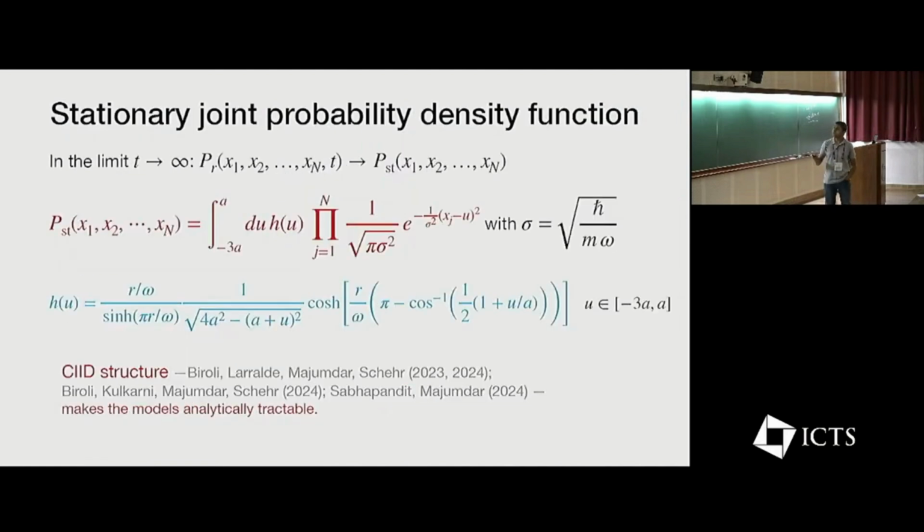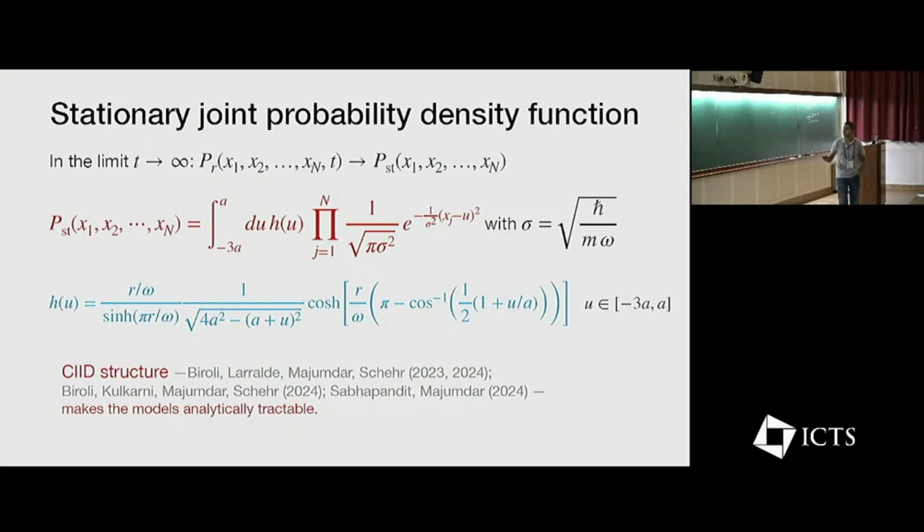This probability density, in the limit of time t going to infinity, reaches the stationary state, which has a very interesting but very simple structure. It has a product structure, a simple Gaussian product structure, where sigma is the square root of h-bar by m omega, and this function h of u is given by this.